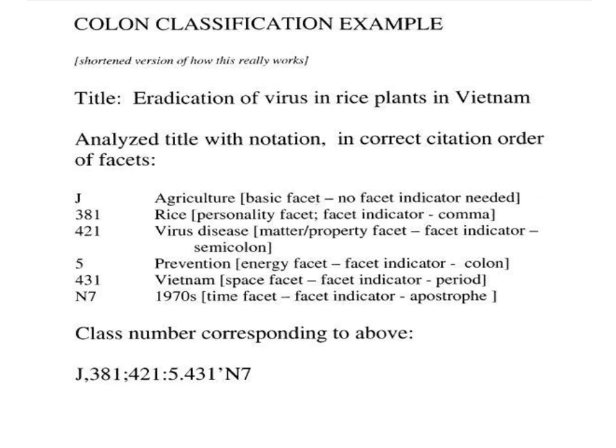J is agriculture, which is the basic facet, and then rice can be a personality facet. As you can see, there are facet indicators such as comma, semicolon, colon, period, or apostrophe. You can just follow the rules, and it's actually easy to use if you have the tables. So try to read this, and I think you can understand it.